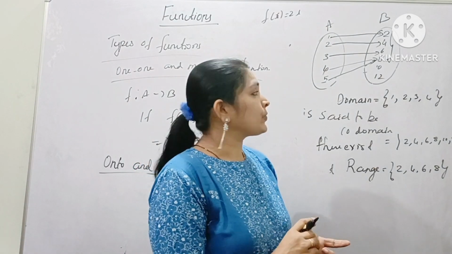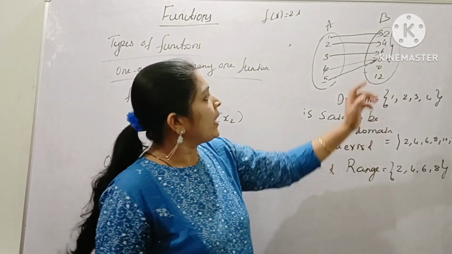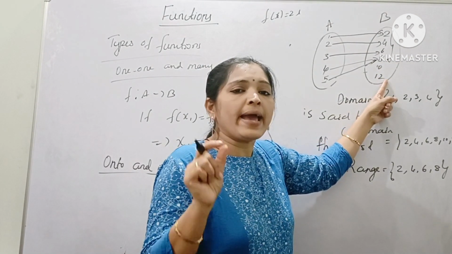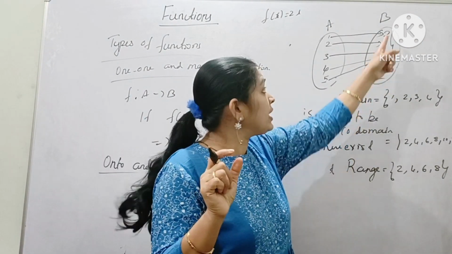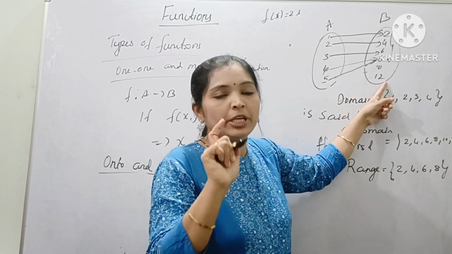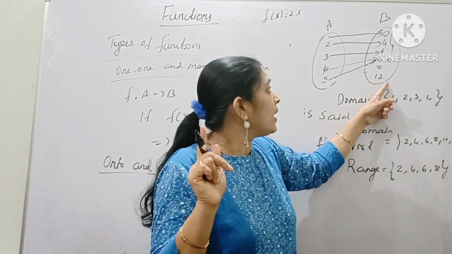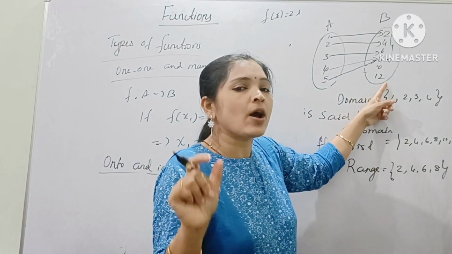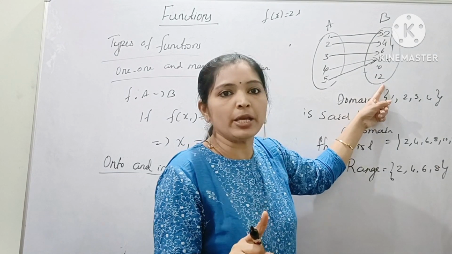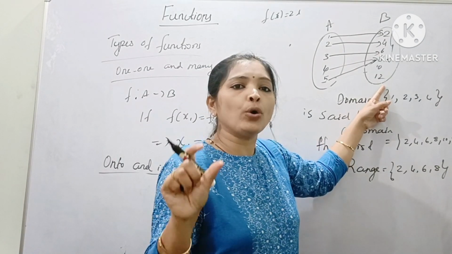An onto function means every element of the codomain has a pre-image. That is called an onto function.